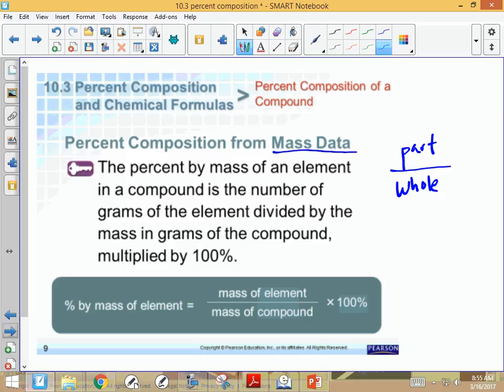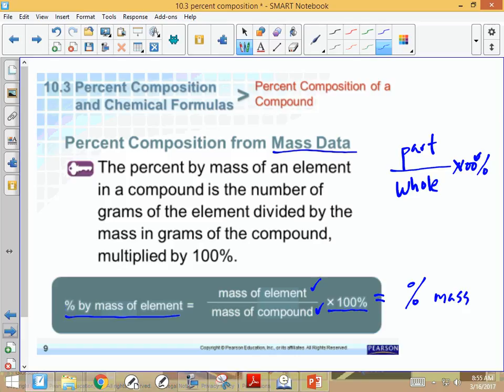Remember this: part over the whole, that's percentage. And you multiply that by 100%. So if you want the percent mass of an element, you take the mass of that element and divide by the mass of the compound, then multiply by 100%, and that gives you your percent mass.